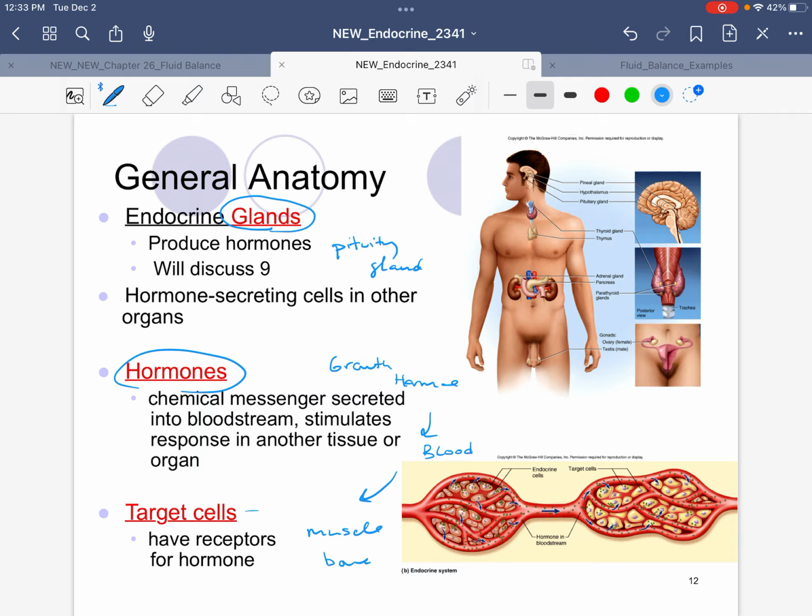So every hormone has a target cell, whether it be the skin, whether it be the liver, whether it be a muscle. So at some point, every area in your body is a target cell because it's going to be receiving messages from hormones. But the target cell is specific to the hormone.